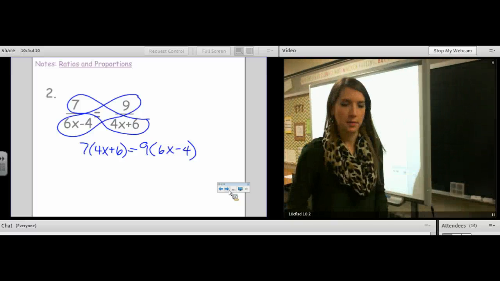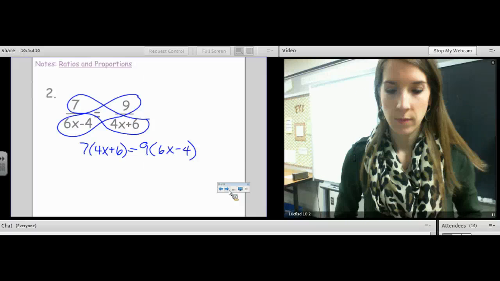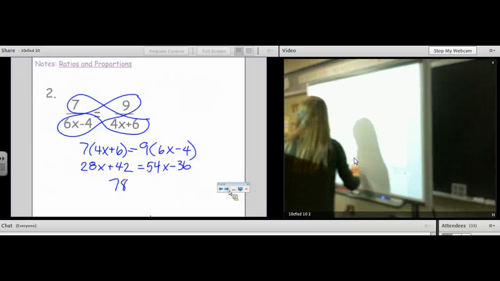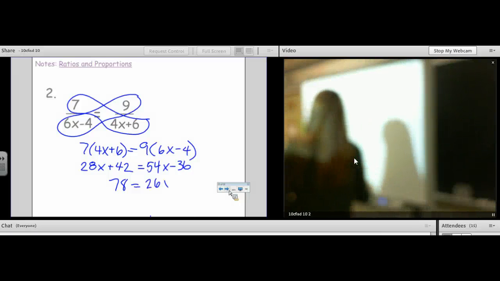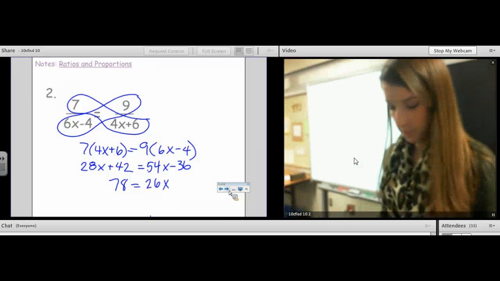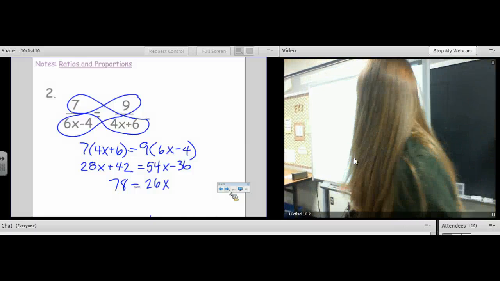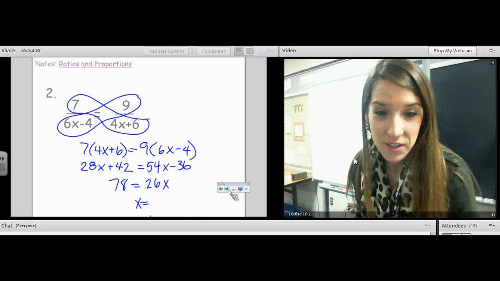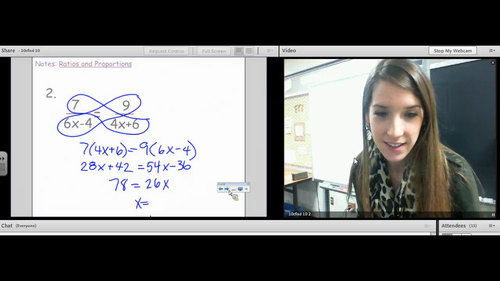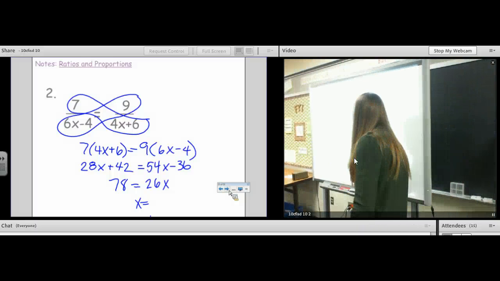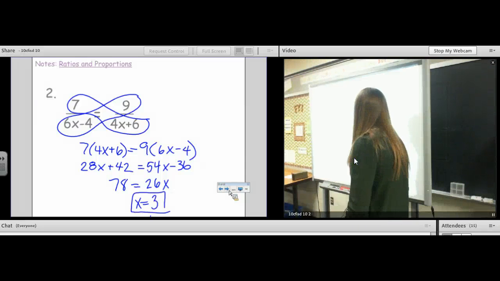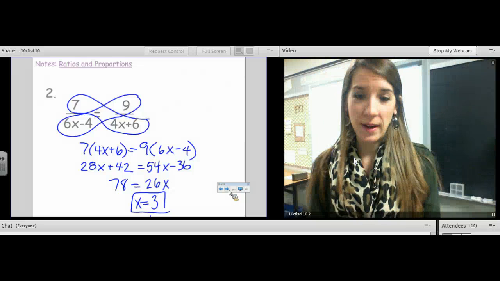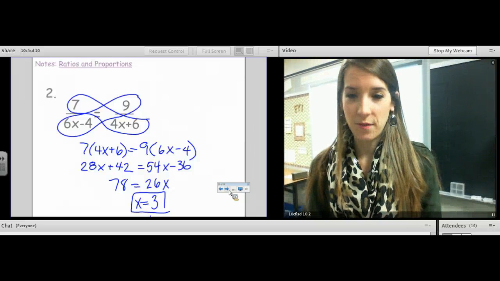I'll give you a minute to play with that. See if you can solve for x. Albert's first, Quan was second. So if you haven't noticed, algebra is back with a vengeance, so just be careful.